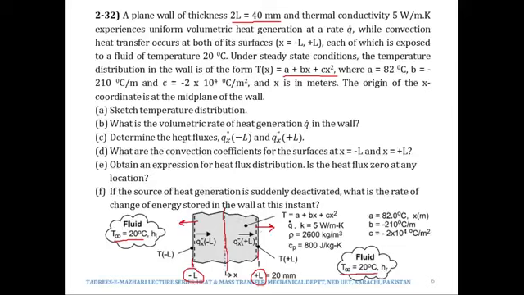So one way is that we can find out the heat flux. Heat flux is nothing but the heat transfer per unit area. So we can find out the heat transfer using h A delta T, but the thing is that we do not know h. So we would not be able to find out the value of the heat flux unless we come to know the convection coefficient, and we have to find out the convection coefficient in the next part, in part D. So right now we would not be able to apply Q is equal to h A delta T. So what we would be using is Fourier's law of heat conduction.